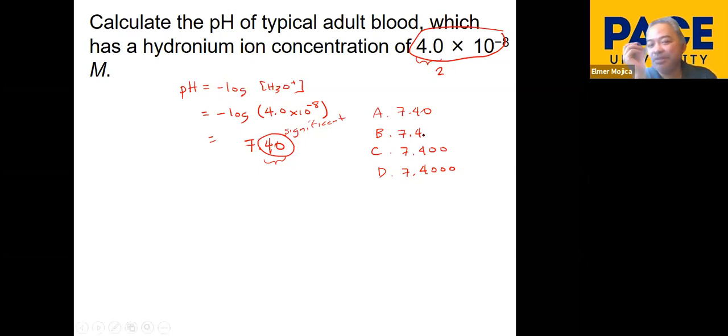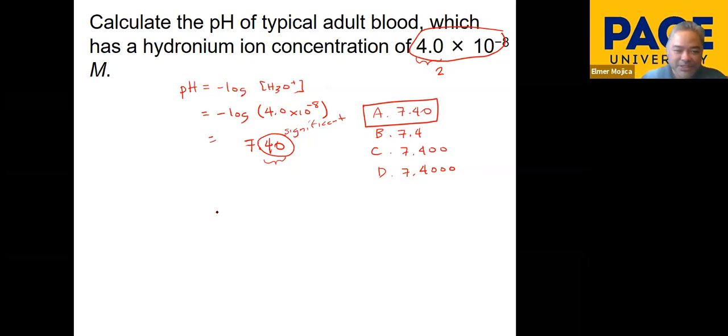So if I'm going to give you a question like this, if you answer anything other than this, don't expect it to be right, because the only one that's right here is the first one. Is that clear? So that's how you use significant figures if you have a pH.